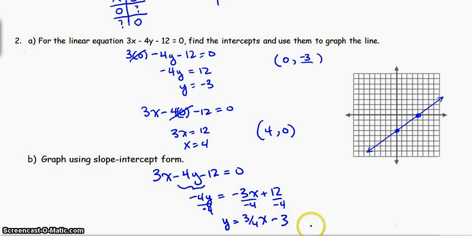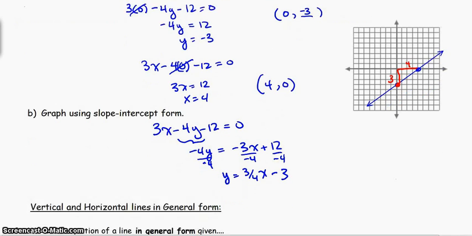Oh look, this is going to work out great. -3 is my y-intercept, up 3, right 4. Since it's a positive slope, I go up 3. And yes, it's the same line, so you always have options for graphing general form equations. Either one is fine, but on a test, if I specify, you should use the appropriate form.